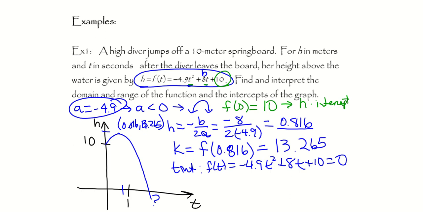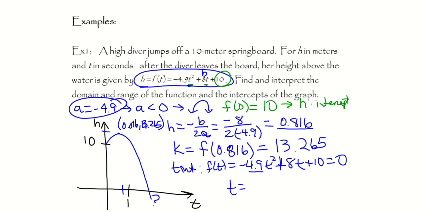I can solve that through factoring or with the quadratic formula. Because I have a decimal in there, and to clear that decimal I'd have to multiply everything by 10, which would make my numbers pretty large, I think I'll go ahead and use the quadratic formula here.